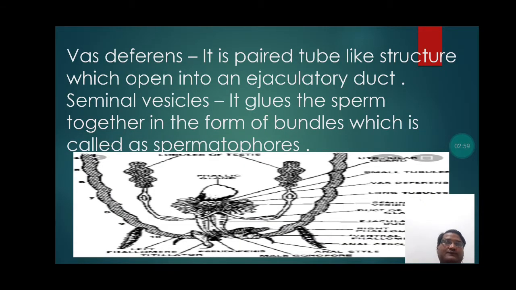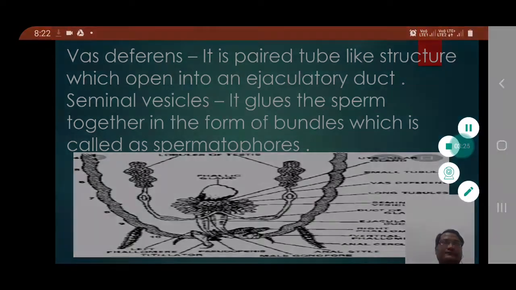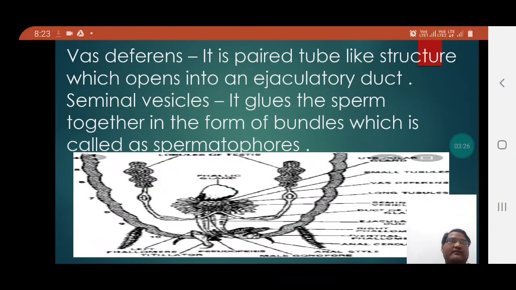Vas deferens. It is a paired tube-like structure which opens into an ejaculatory duct.